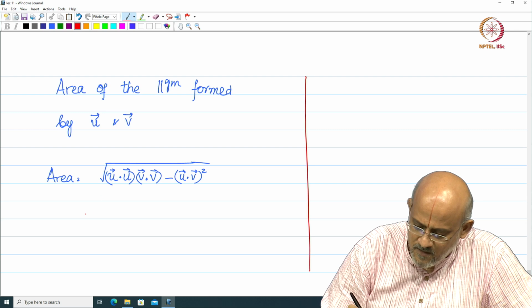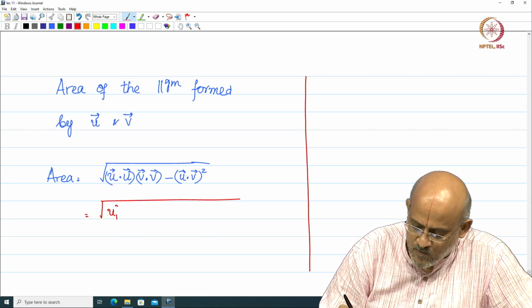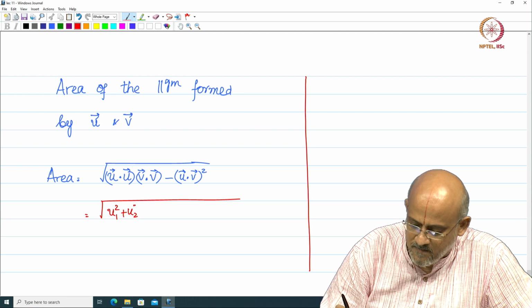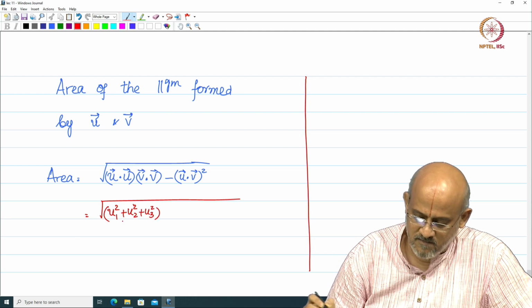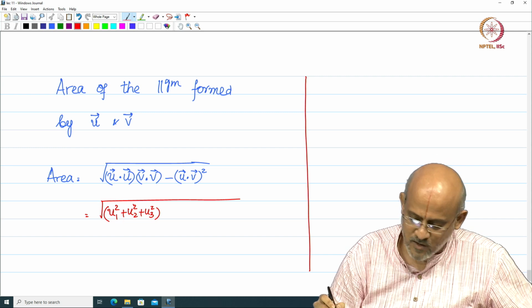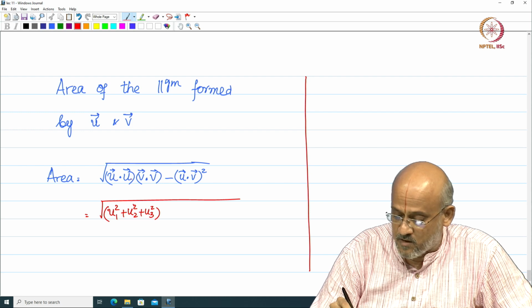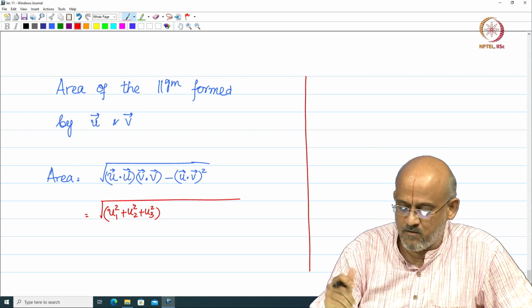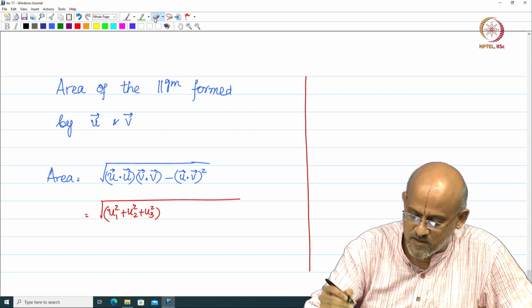So, what is this? Square root of u1 square plus u2 square plus u3 square, but this is u dot u.